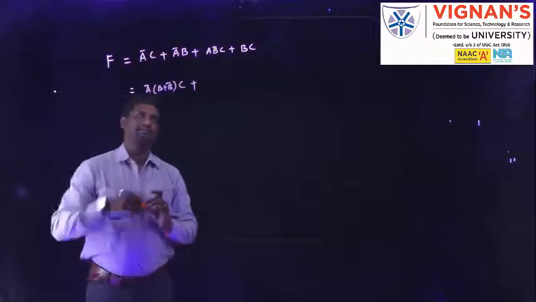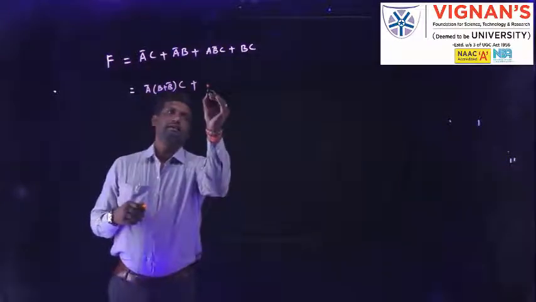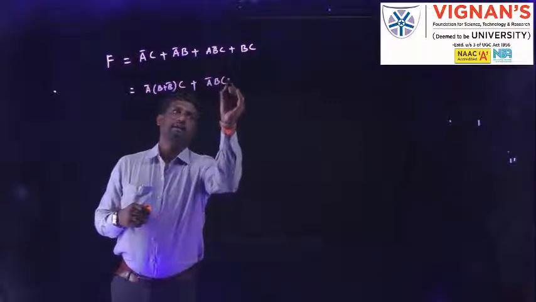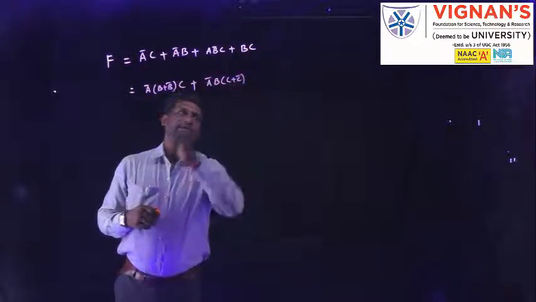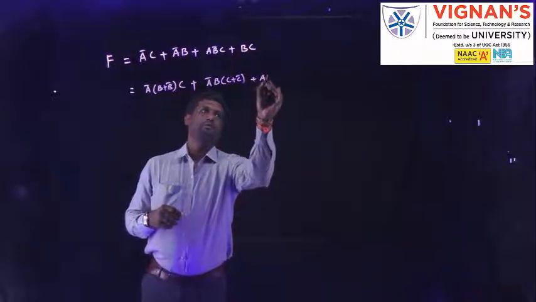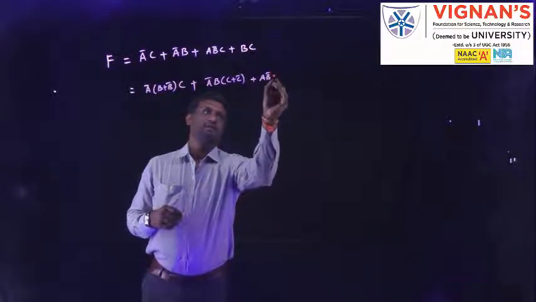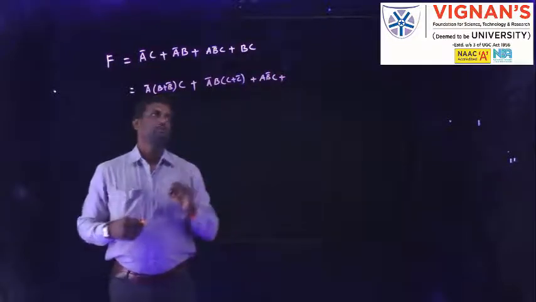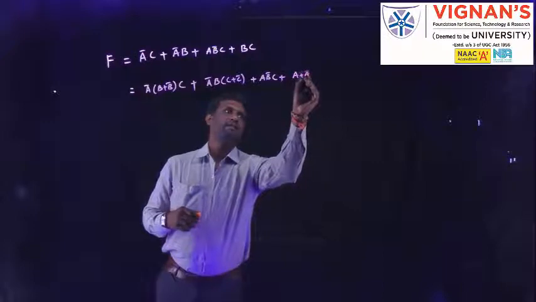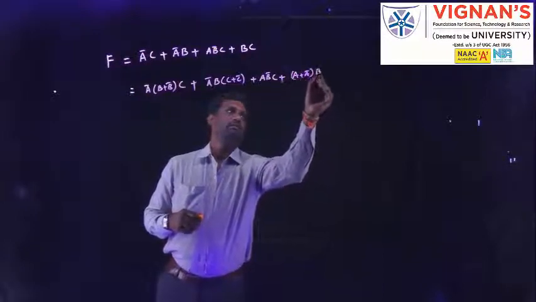That's why I express the term with this. Similarly, in the second term, the missing variable is c. That's why I am representing with c plus c bar. In the third term, there is no missing variable, so it is a b bar c. But in the fourth term, there is a missing variable which is a. That's why a plus a bar into bc.